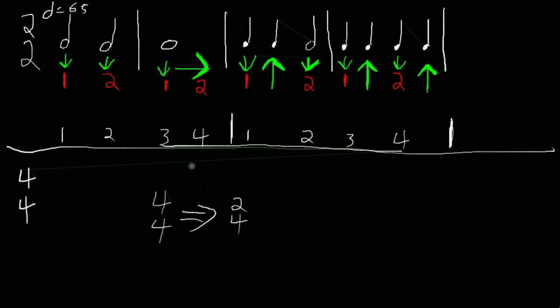In that example, we had to change all these 3s and 4s into 1s and 2s. So now we're going the opposite way, taking the 1s and 2s and changing them into 3s and 4s where appropriate. That's the first thing we need to realize that we're doing.